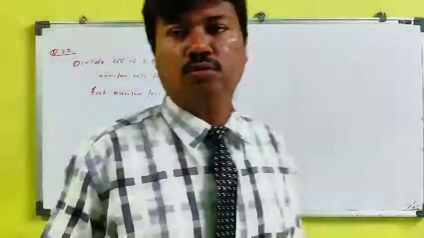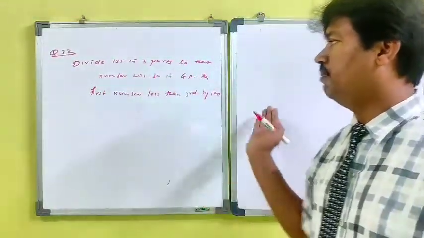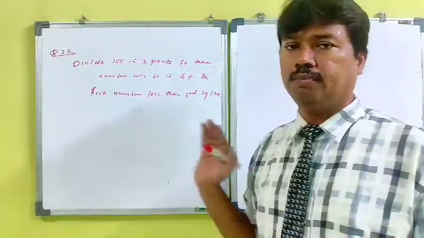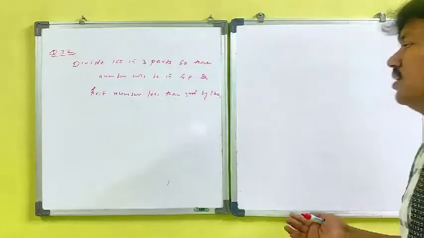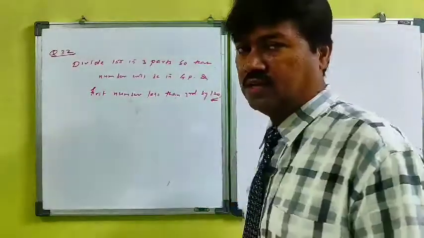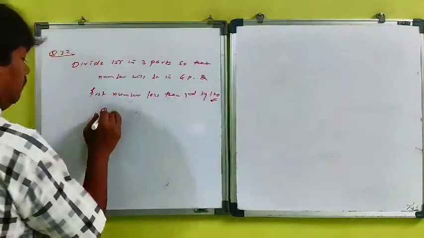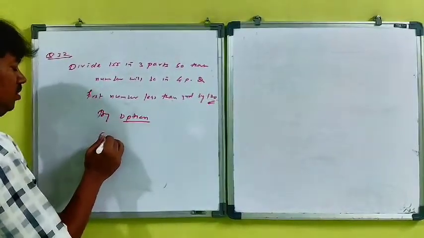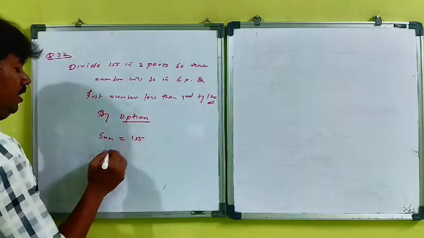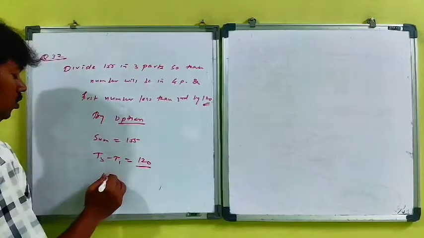Here is question number 32. Divide 150 into 3 parts so that the numbers are in geometric progression, and the first number is less than the third number by 120. So directly go by option. The sum should be 155 and T3 minus T1 is 120.